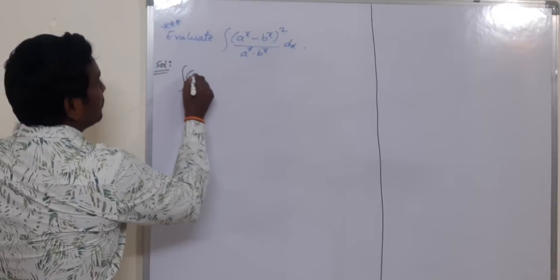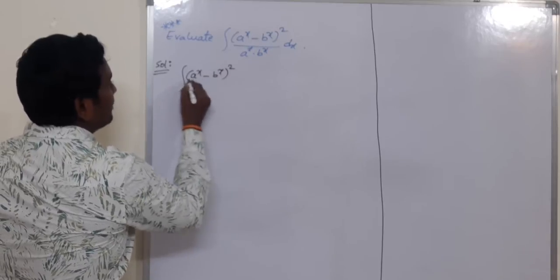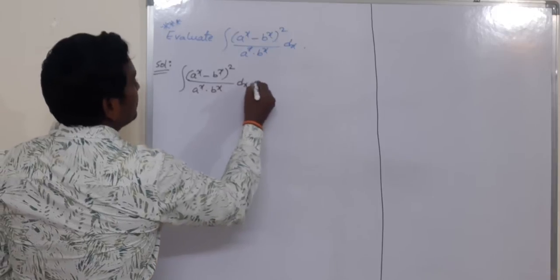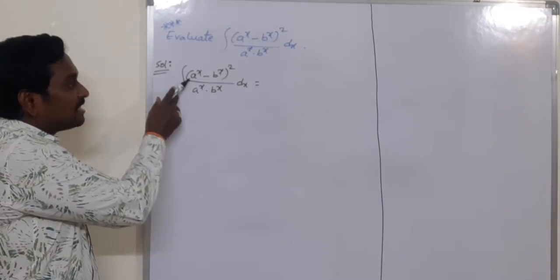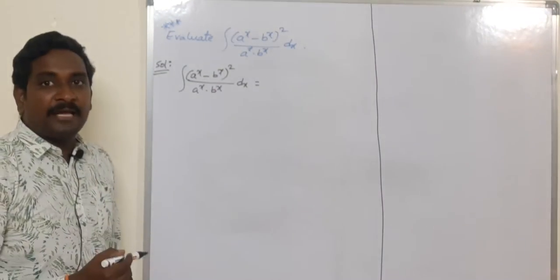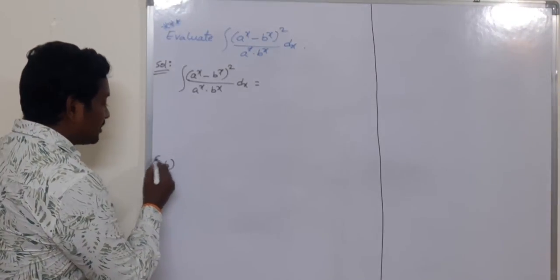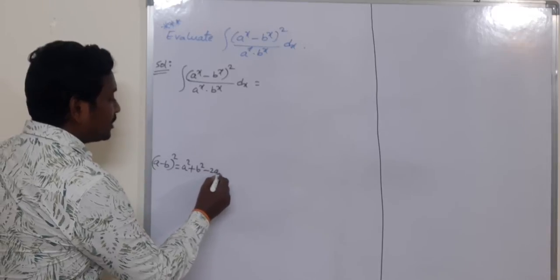Integration of (a^x minus b^x) whole square by a^x into b^x dx is equal to, we observe that the numerator is in the form of (a minus b) whole square. That's why first expand the numerator by using the formula (a minus b) whole square, which is a square plus b square minus 2ab.